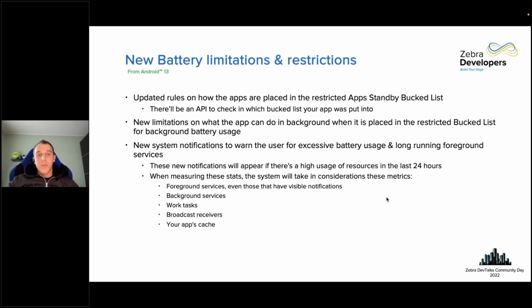These new notifications are going to appear if there is a high usage of resources in the last 24 hours. And when measuring these stats, the system will take into consideration these metrics: foreground services, even those that have visible notifications, background services, work tasks, broadcast receivers, and also your app's cache.